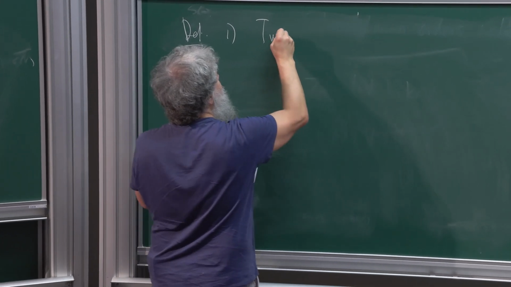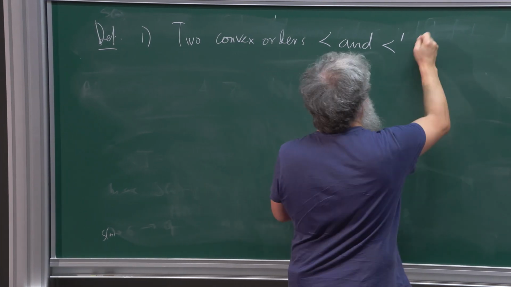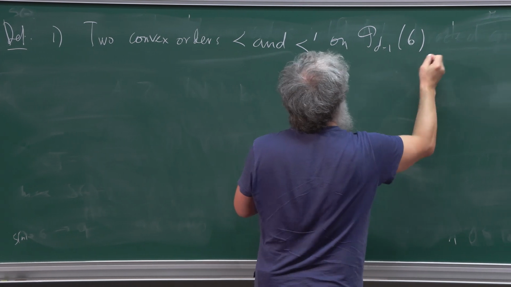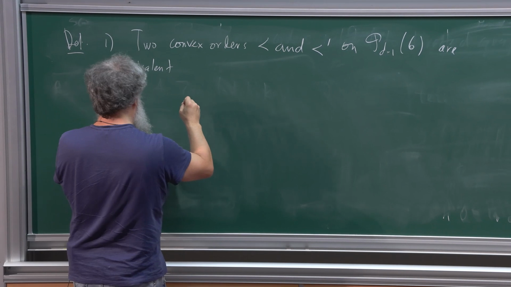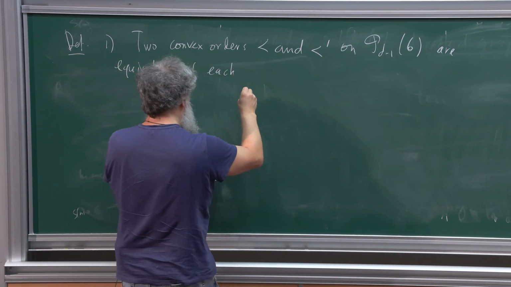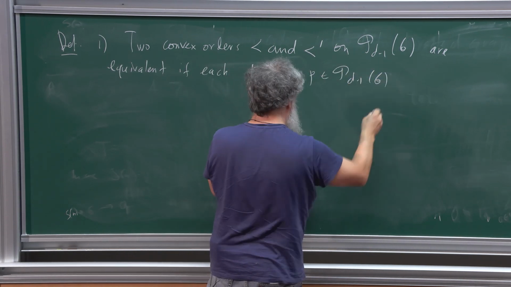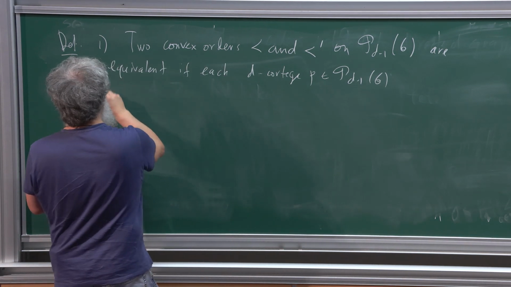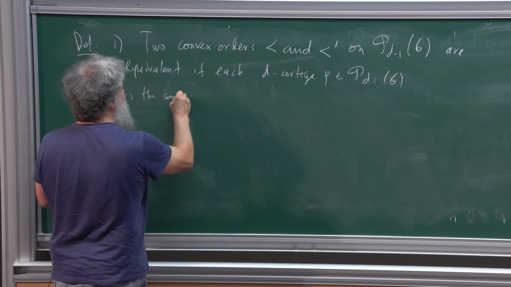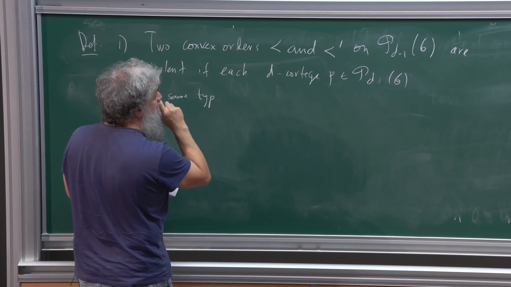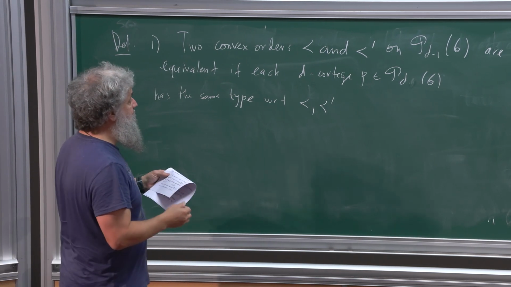First, two convex orders on PD minus 1 of G are equivalent if each d-Cartège P has the same type with respect to both orders. So every d-Cartège is equally ordered.